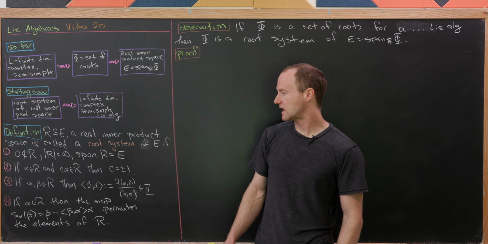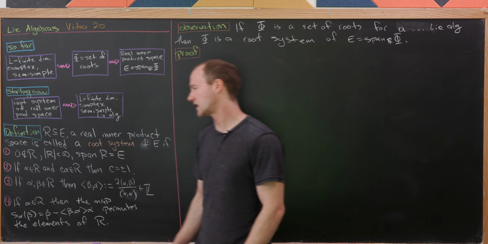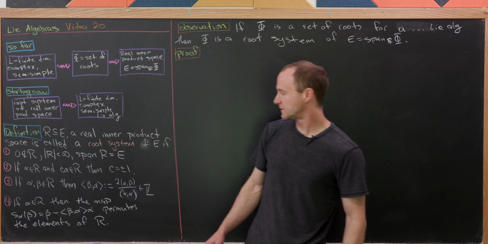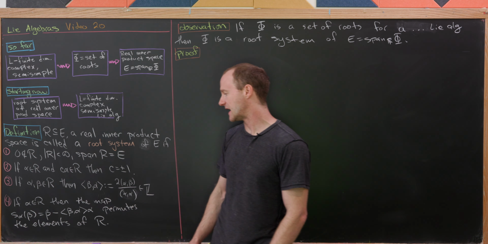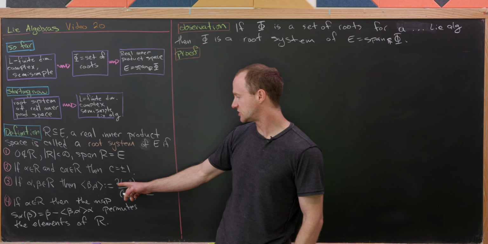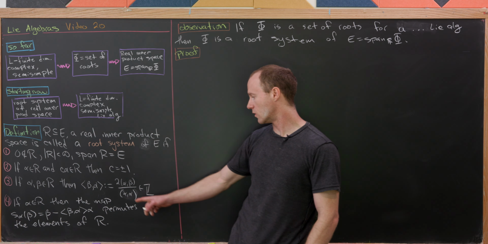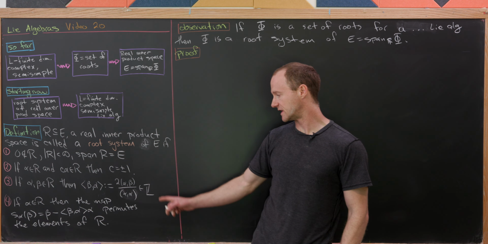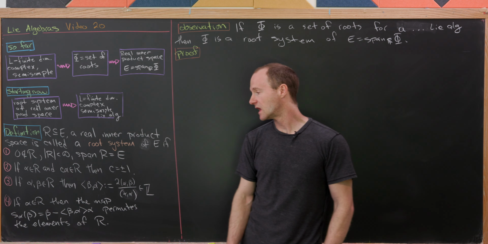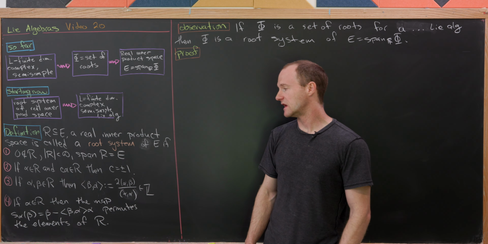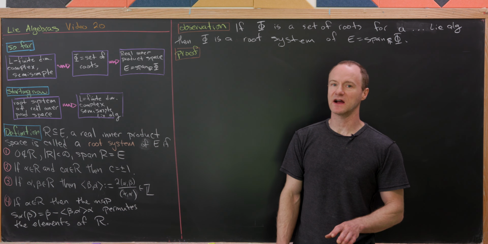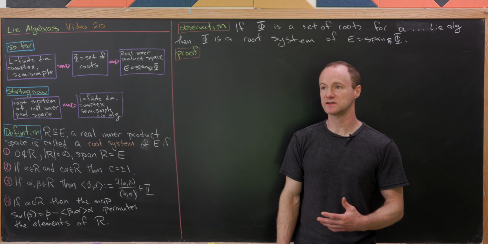And then next, if we've got two elements of R, alpha and beta, then the angle bracket beta alpha, which I'm defining to be 2 times the inner product of alpha and beta over the inner product of alpha and alpha, is an integer.